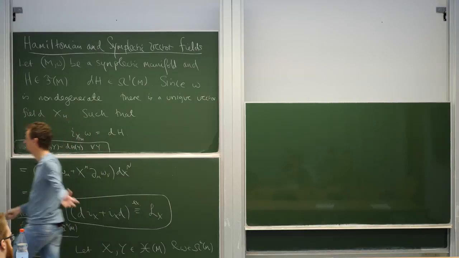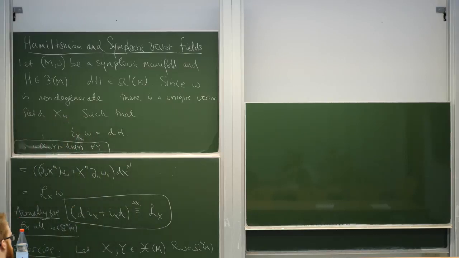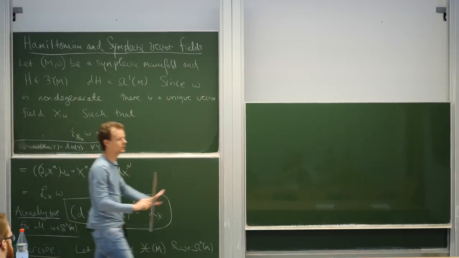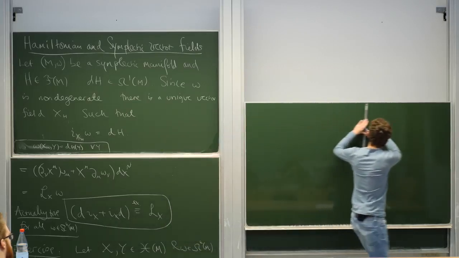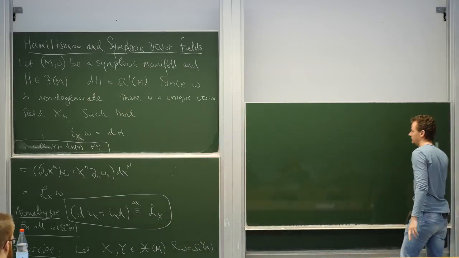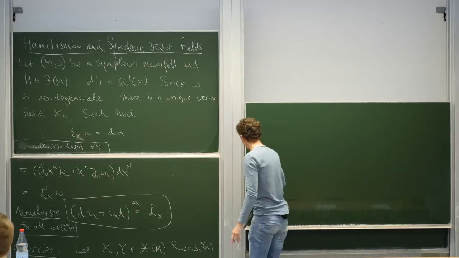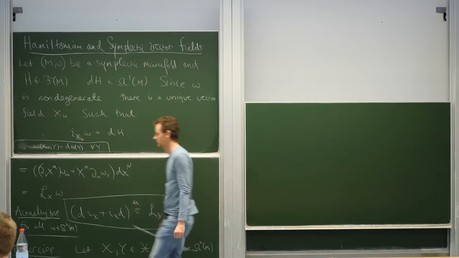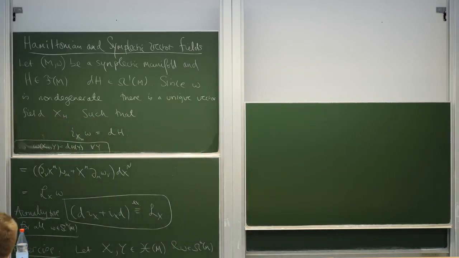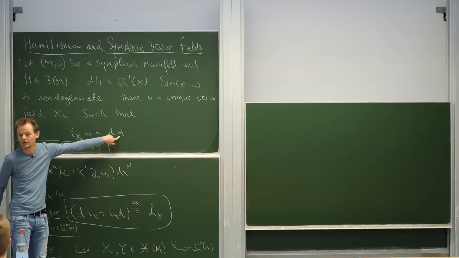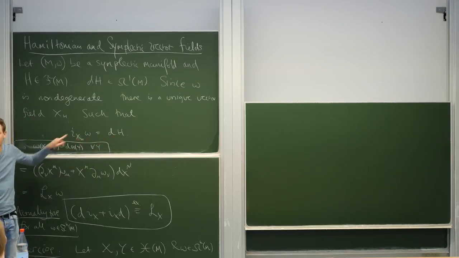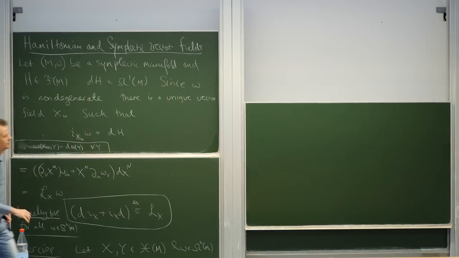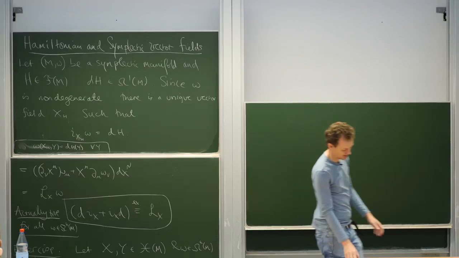They give us a flow on the manifold, especially if the manifold's compact, then that flow exists for all time. So given a function, we now have a whole bunch of diffeomorphisms of our symplectic manifold coming from that function. Now why h? Well, h is going to be the Hamiltonian. This vector field will be the flow generated by Hamilton's equations on phase space. That's what it all reduces to. But this is much more general.